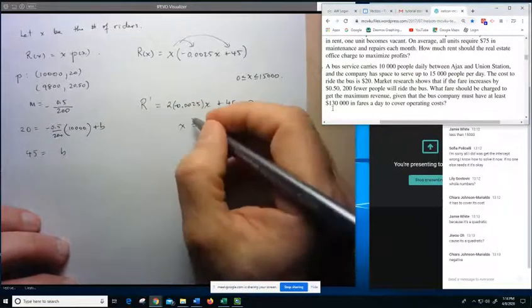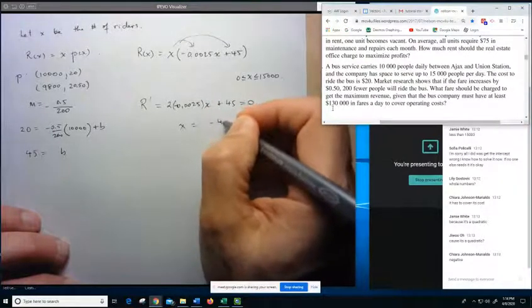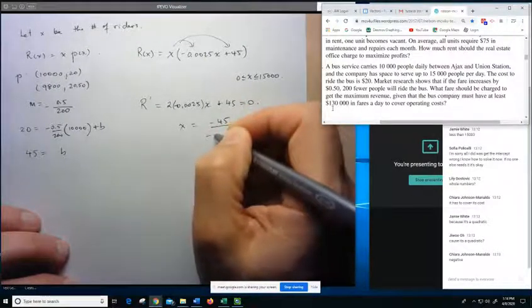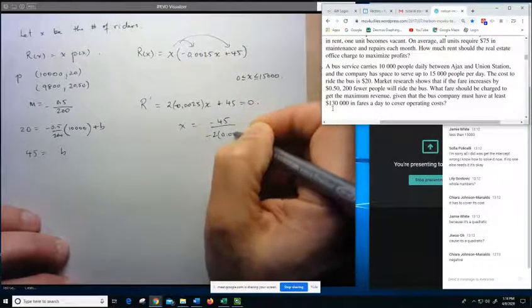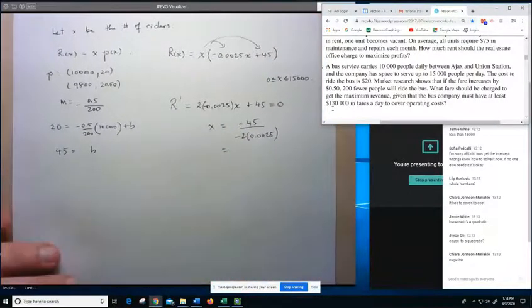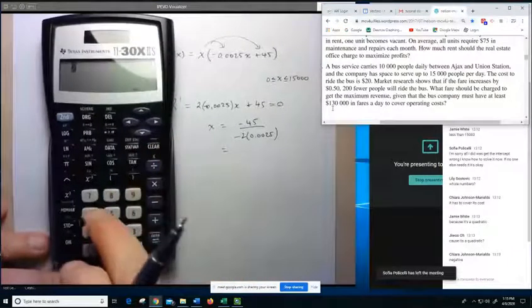this negative, when I divide, is going to make everything positive because it's going to be negative 45. Okay, I'll just write it out. It's going to be negative 45 over negative 2 times 0.0025. All right. And let's see what we get with our critical point. So what do we have? We know the negatives are going to cancel out.